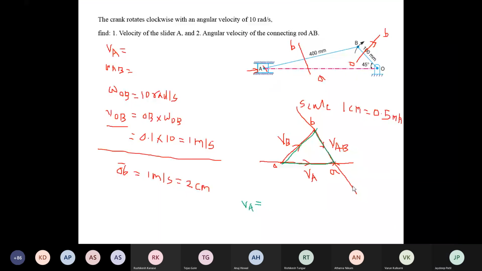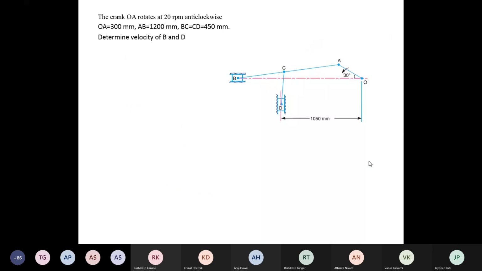सबको समझ में आया? हाँ सर. Okay, now see the next one. स्टार्ट करें. नेक्स्ट वन. हो गया सबका?